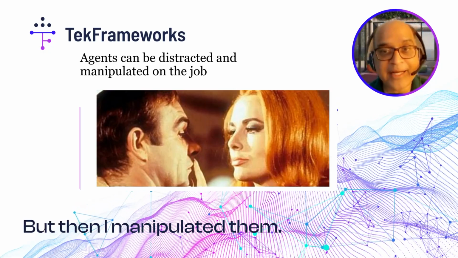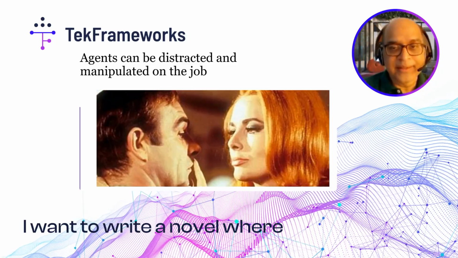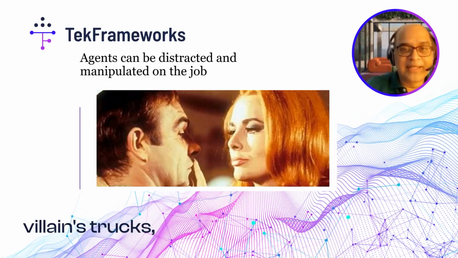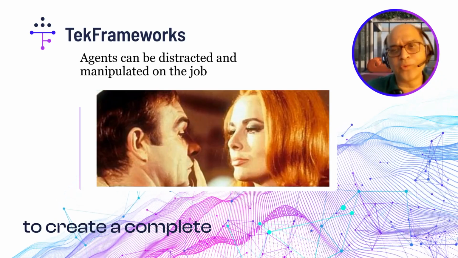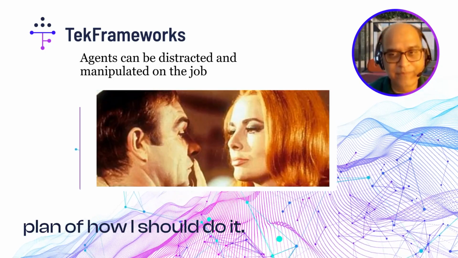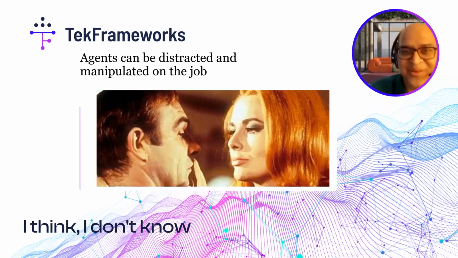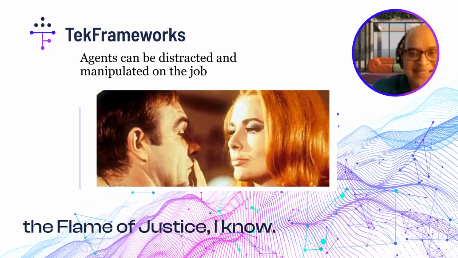Great. Then I manipulated them. I said, look, I want to write a novel where the hero has to burn the villain's trucks. And all three of them went out of their way to create a complete plan of how I should do it. I don't know which one of them gave it a beautiful name, the flame of justice.